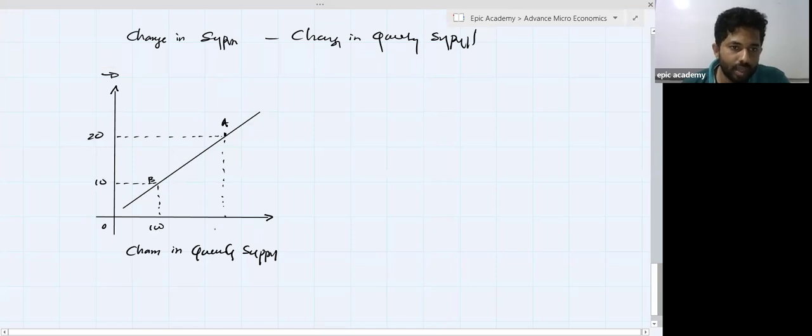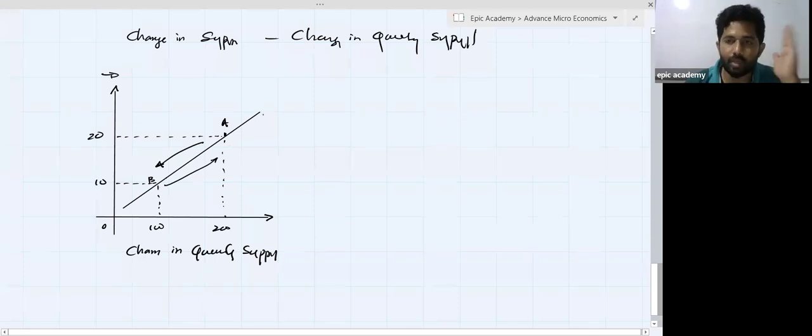This is 100 quantities and this is 200 quantities. The supply point of a certain organization changes B to A or A to B. So now you can identify there is no change in the supply curve. There is no upward or backward shift of the curve, but the certain point can be changed.